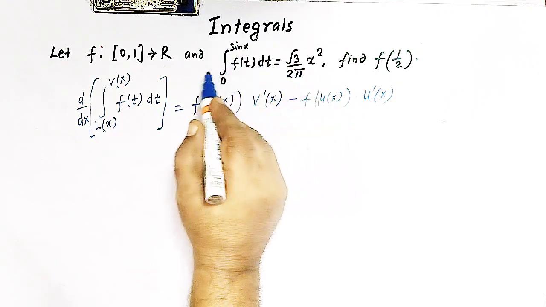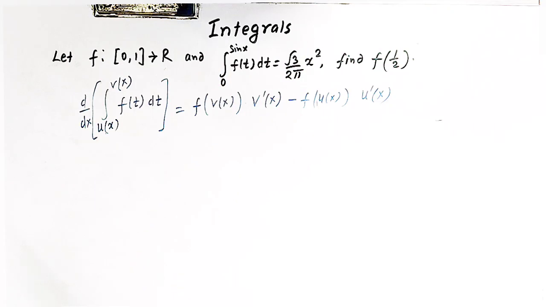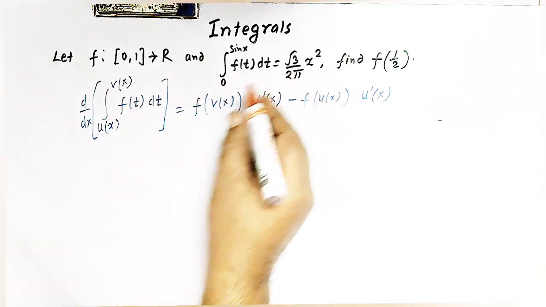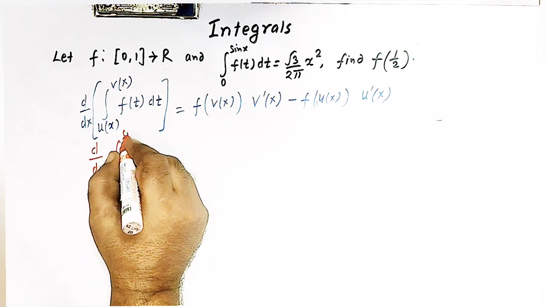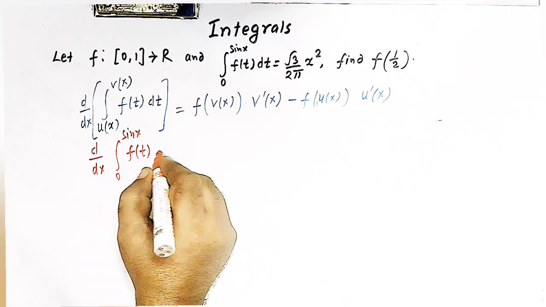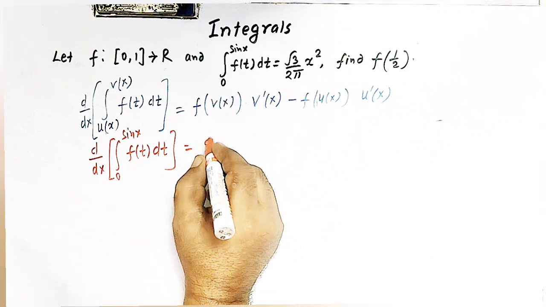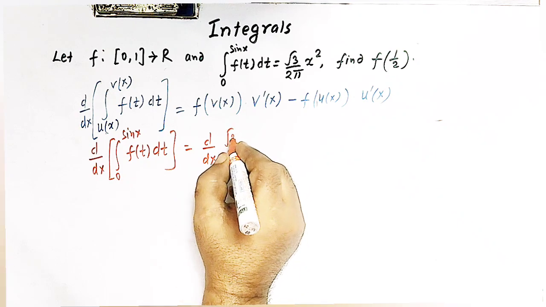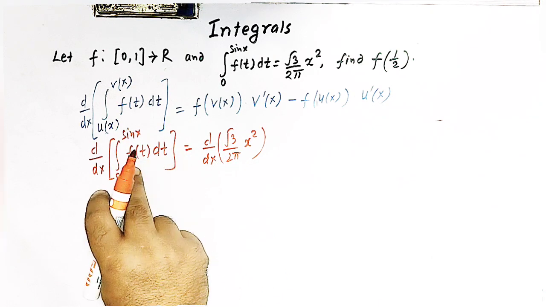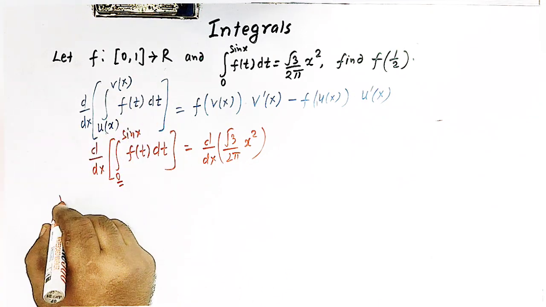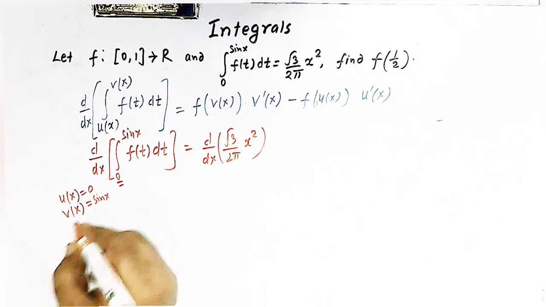So we'll differentiate both sides of this equation with respect to x: d by dx of the integral from 0 to sin x of f(t) dt, and on the right hand side d by dx of root 3 over 2 pi times x squared. Comparing with the rule, u(x) is 0 and v(x) is sin x.